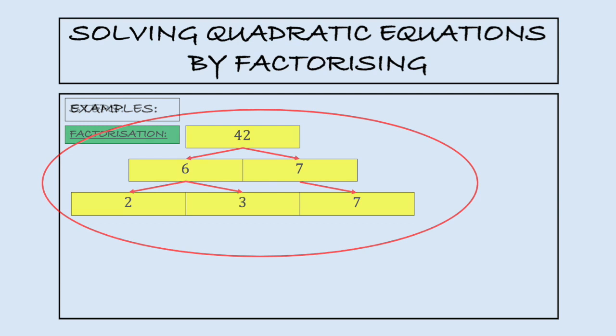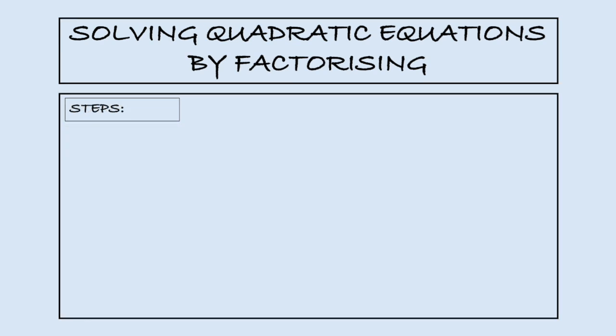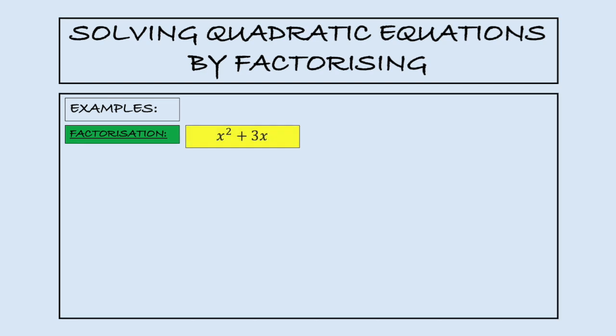Our first method of factorization is relatively simple. However, it only works when the c in ax squared plus bx plus c is 0. What we are trying to do is to take out the common term. In the following example, we have the expression x squared plus 3x. You can see this is a quadratic because it has a squared term. Let's apply the method of bringing out the common terms.